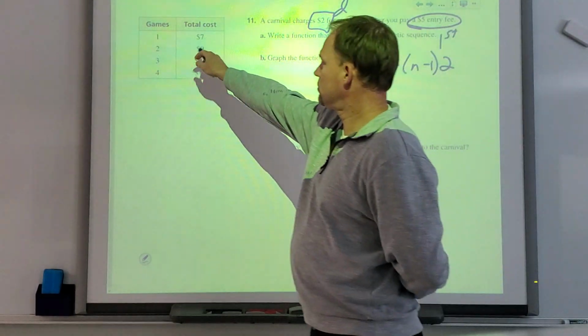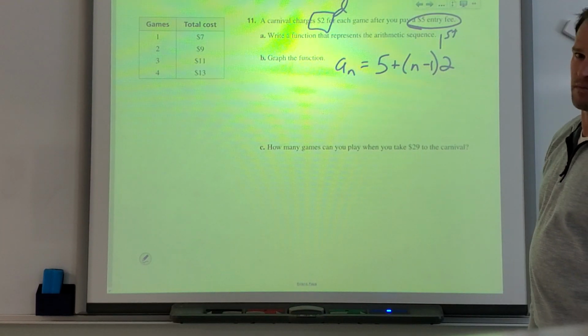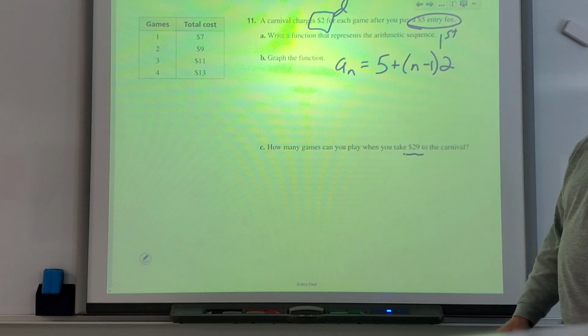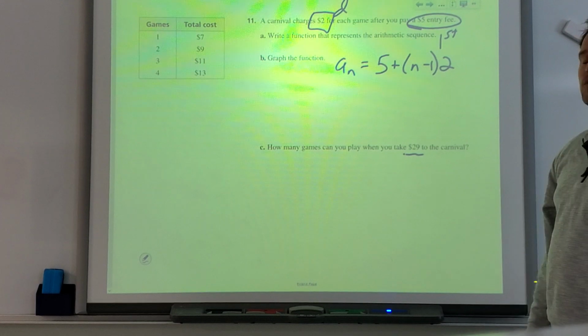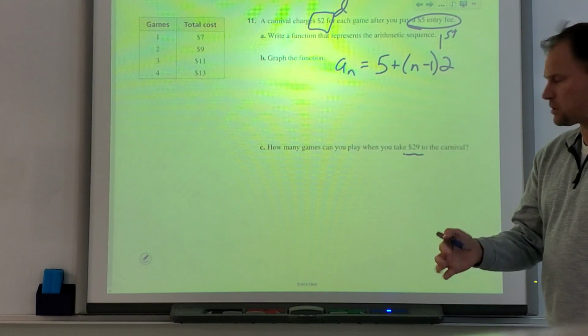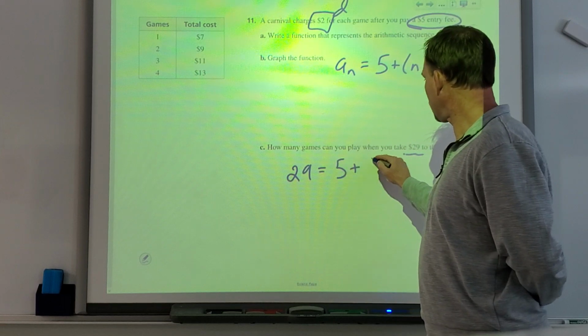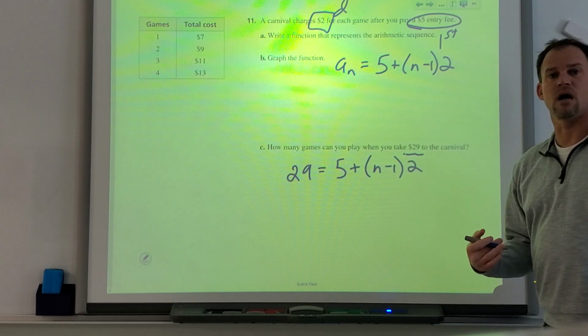Graph. Graph, I already told you my graphs up here aren't great. You know how to graph some points by now. How many games can you play to take $29 to the carnival? So again, work backwards. So 29, work backwards, solve the equation.